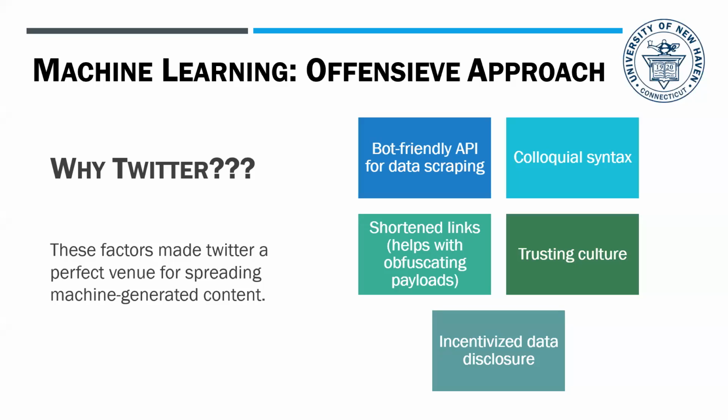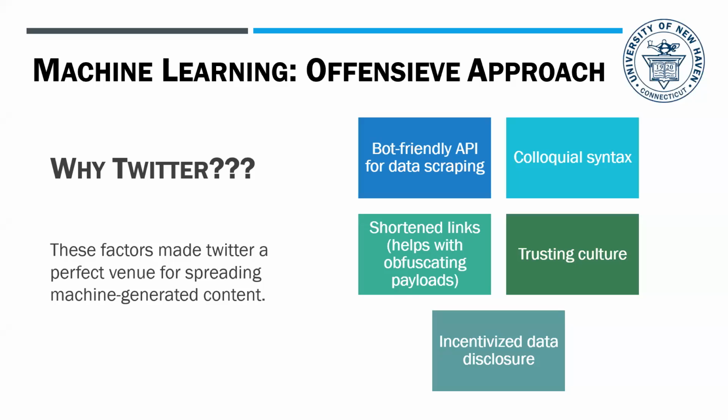So why is it Twitter always for machine generated content? Twitter has several interesting side effects that can be utilized for machine learning because short posts or norm posts produced by a model have a decreased probability of grammatical errors, that is, colloquial syntax.